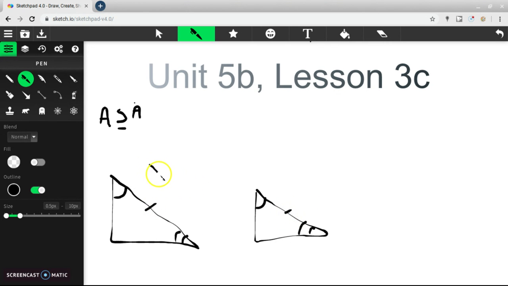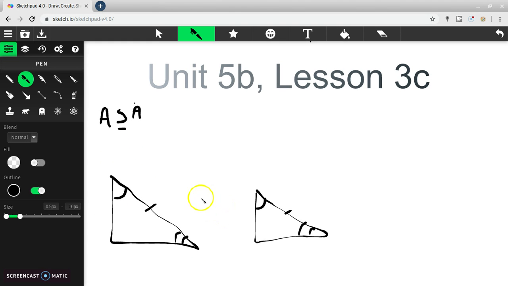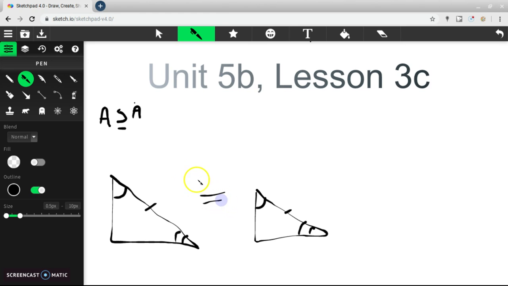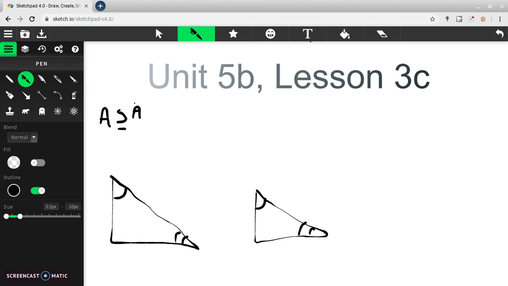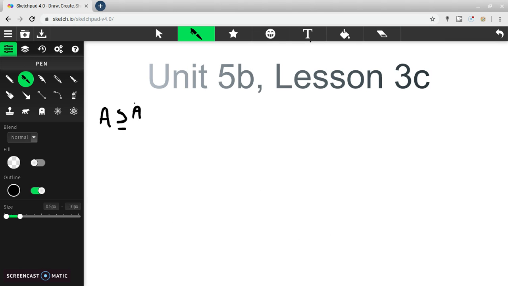Can you notice that it's in between the two angles, this one and this one? So that's what that means. So that's what they would look like. Just by seeing that, you could tell these triangles are congruent. So that really is all there is to it. I mean, triangles can look in different ways, but that's how it is.